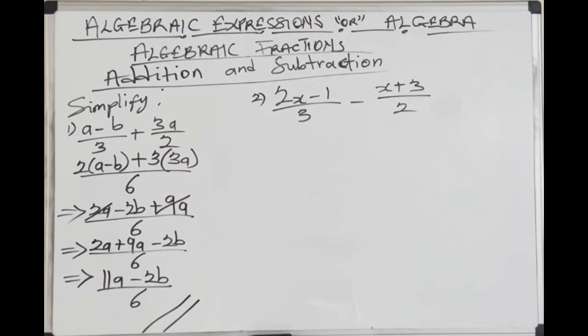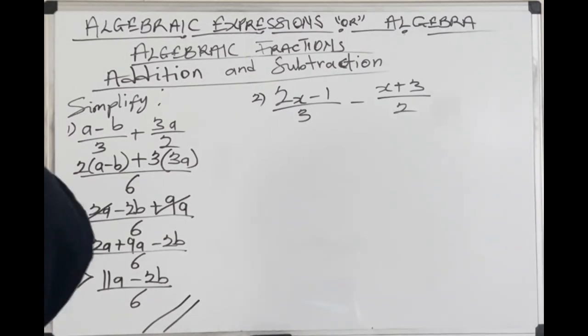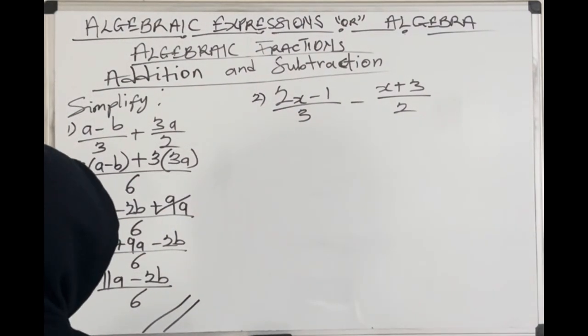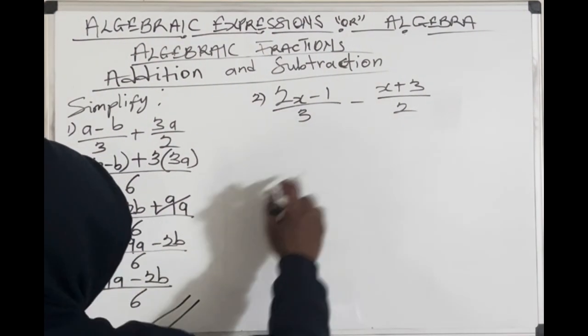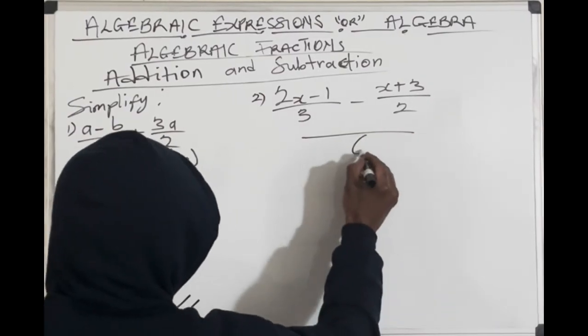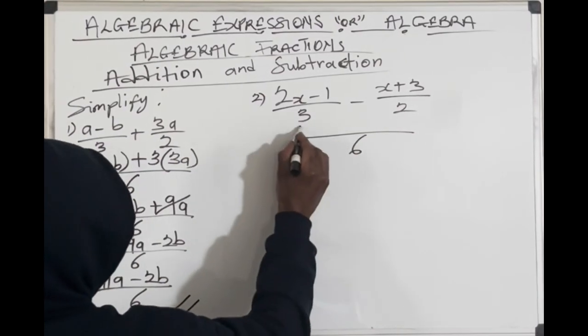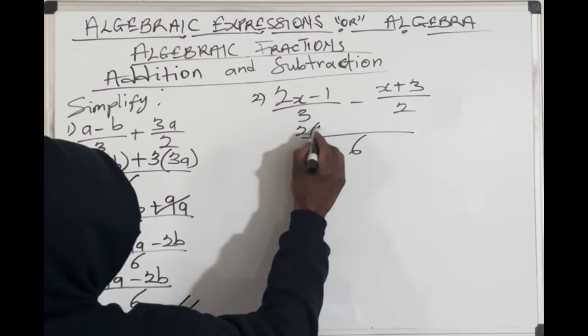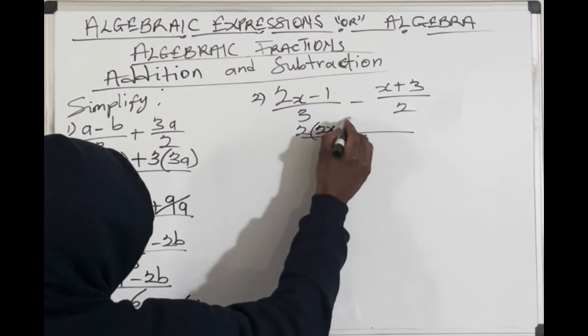Okay, second question: 2x minus 1 over 3 minus x plus 3 over 2. Find the LCM, which is 6. 3 goes into 6 two times, so we use the 2 to multiply the whole numerator, which is 2x minus 1.